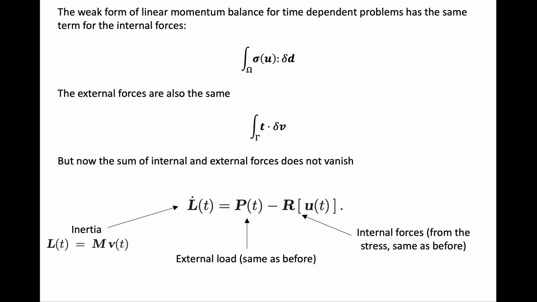And the thing that is different now is that instead of the sum of the external forces minus internal forces equals 0, here it's equal to the inertia, which is mass times acceleration, or mass times v dot. And so that means now that there's not just the displacements as unknown, but the displacements, velocities, and accelerations.